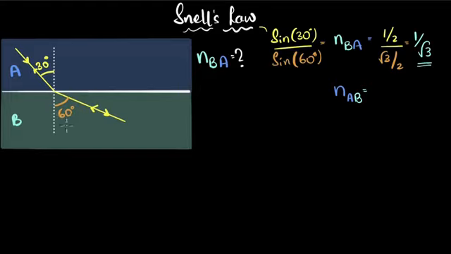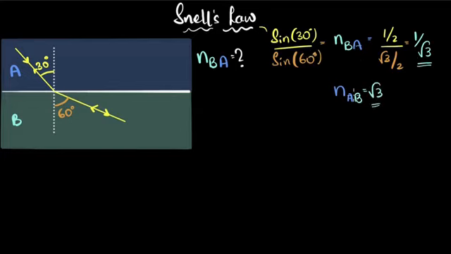So this now becomes the angle of incidence, and this now becomes the angle of refraction. So Snell's law will say sine 60 divided by sine 30 equals the refractive index of A with respect to B. And that's basically the reciprocal of this, so it's going to be just √3.